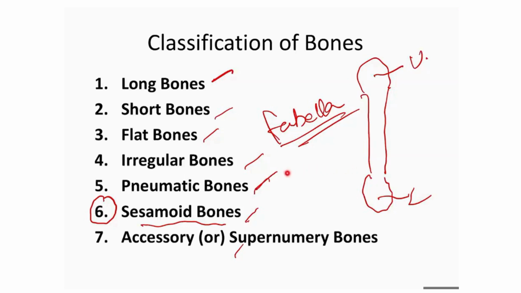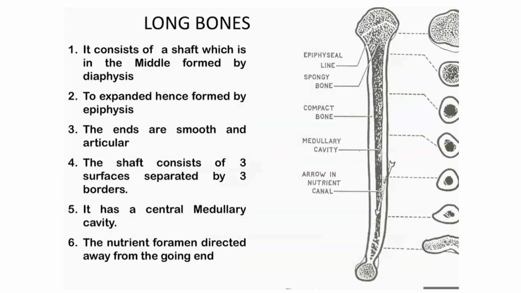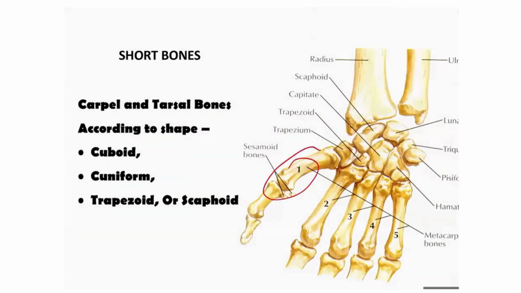As I said, don't concentrate on the text part, concentrate on the picture alone. Being a long bone, it has an upper end, a lower end, and a shaft. If it has an upper end, lower end and shaft, it is a long bone. So all the upper limb and lower limb bones are examples of long bones. Short bones: the metacarpals look like long bones, but the size is smaller.